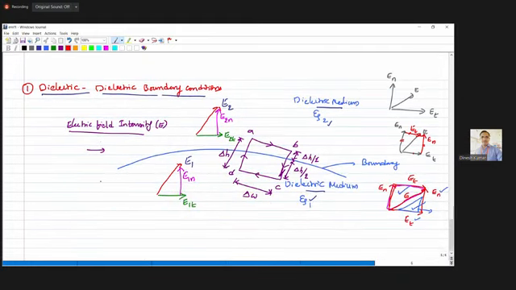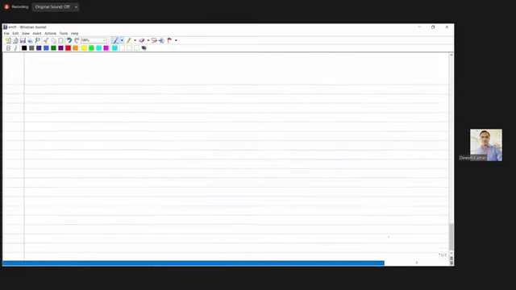So finally, we have gone through the dielectric boundary conditions. I will draw it, don't worry. See, this is an empty page. If you want to make two regions, I have to draw one line, and that line will act as a boundary for the top of the page as well as the bottom of the page.